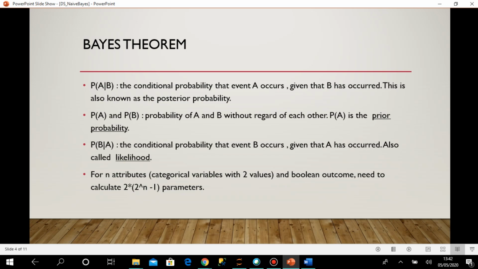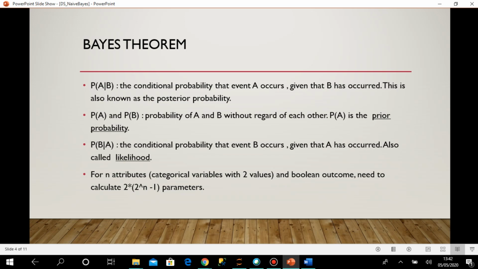Then, for calculating this probability of B given A, suppose we have n number of attributes, and we have categorical variables with two values and a boolean outcome, then we have to calculate 2 times 2 to the power n minus 1 parameters. Why that is, I will come to that.